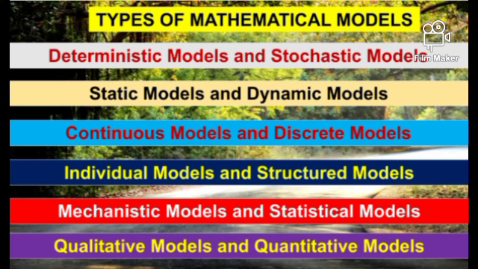Again, the deterministic models assume that the outcome is precisely determined by the model inputs and relationships. Deterministic models ignore all random variation. And in deterministic model, a given input produces the same output.